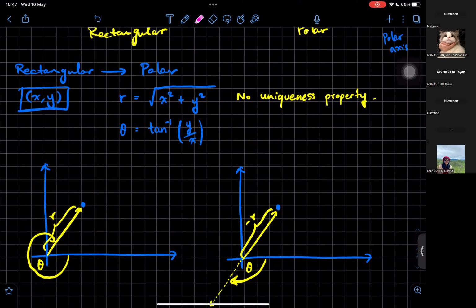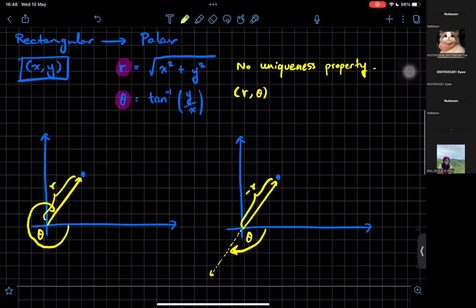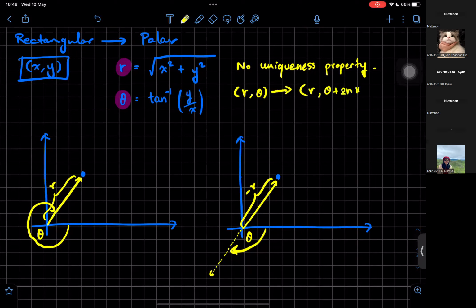Okay, the r and theta that you get from this formula, I will call it the main one. Okay, so you have r and theta, right? Then you can get the family of this point. Okay, so there will be r at theta plus 2n pi.